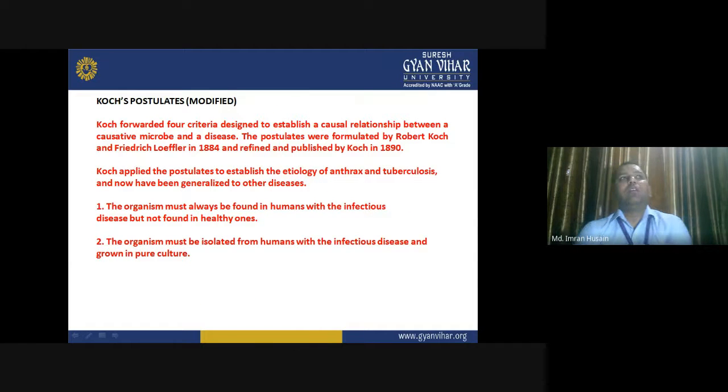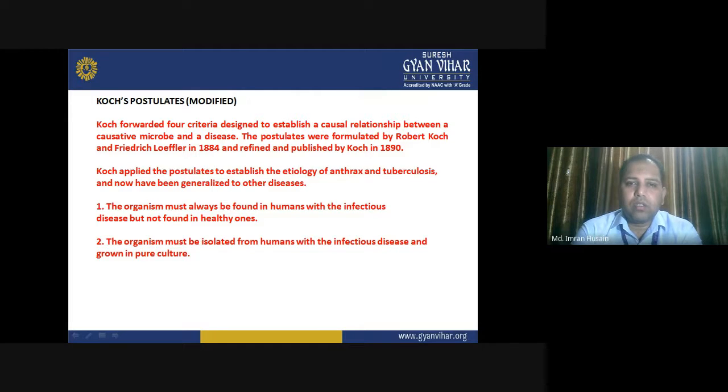Now, coming on to the Koch postulates. Koch put forward four criteria designed to establish a causal relationship between a causative microbe and a disease. Right. So, Koch was a scientist who was trying to find out some causal relationship between the pathogen and a disease.